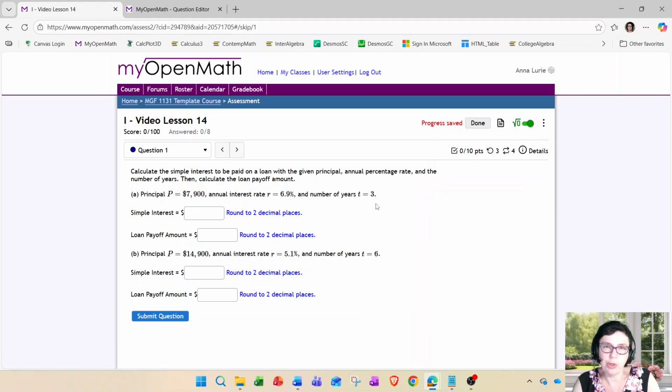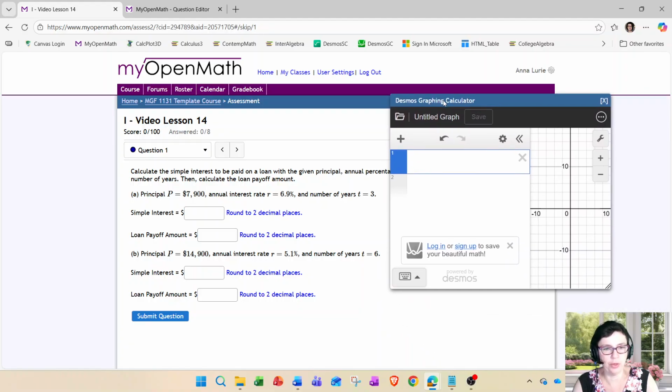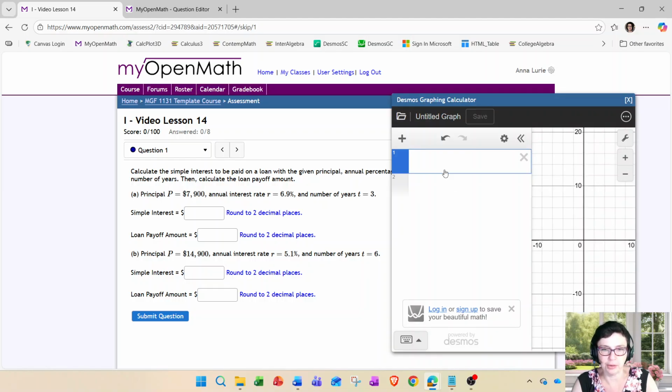But it's also going to depend on the time. So if you are borrowing money, for example, for 3 years, that's not the same thing as borrowing the money for 6 years, right? Because you have more time to accumulate the money to pay off. All right, so let's take a look at how to compute the amount of simple interest they're going to charge you, and then also the total payoff amount, including the interest.